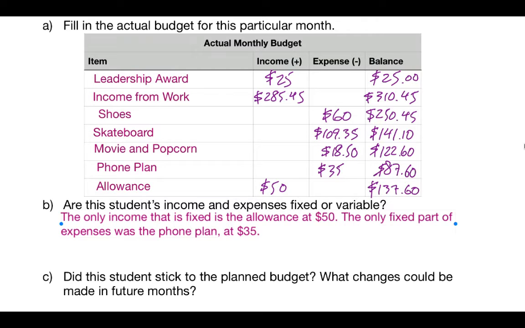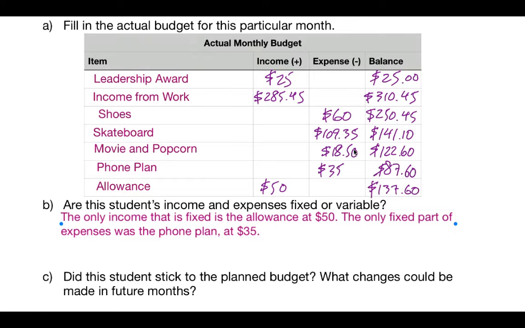So that was the same as usual. But of course, there were some things in there, like, for instance, the skateboard, that purchase, probably not something they're doing every month. Shoes, probably not something they're doing every month. So that's maybe going to be a little bit less next month, or maybe not even at all.